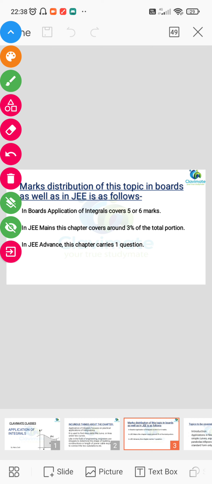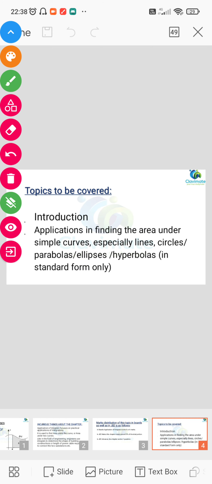So let us discuss the topics to be covered. The topics in this chapter are the introduction, and applications in finding area under simple curves, especially lines, circles, parabolas, ellipses and hyperbolas.